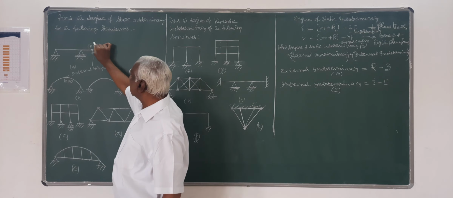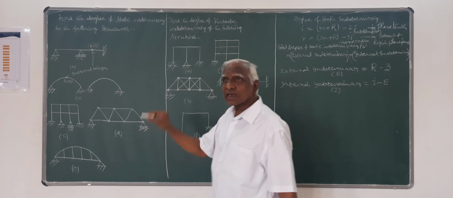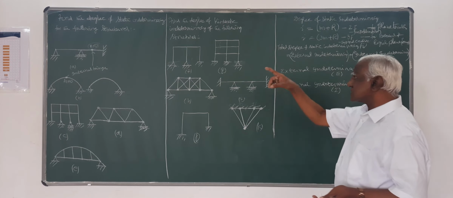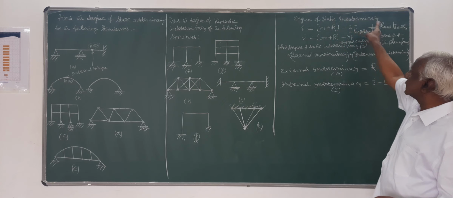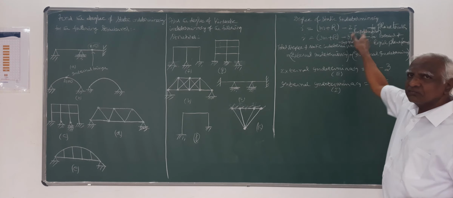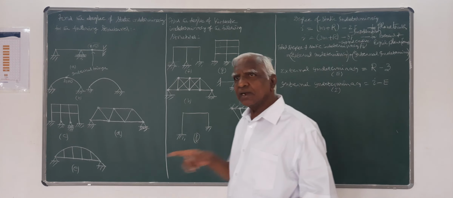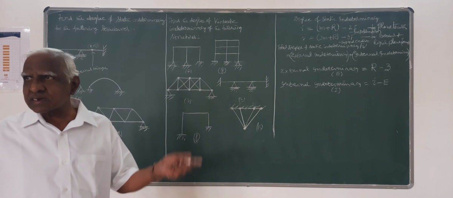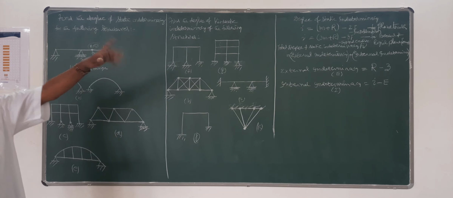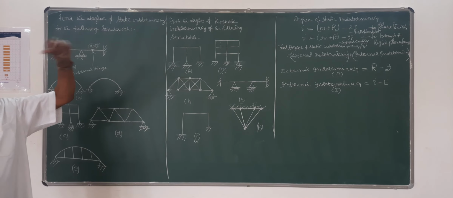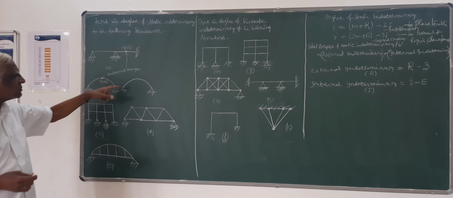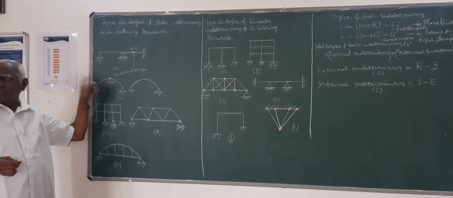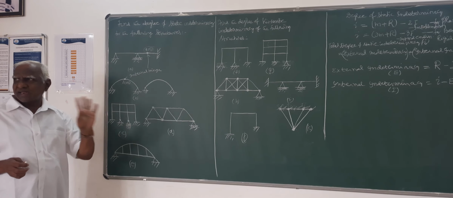So this imposes a condition in the given structure externally. That's why for finding the degree of static indeterminacy, we have to use that one more condition which has been imposed externally. That is the modification you have to take. Generally, it will not be present in all problems, only in special cases. That's why I have taken this as an example.